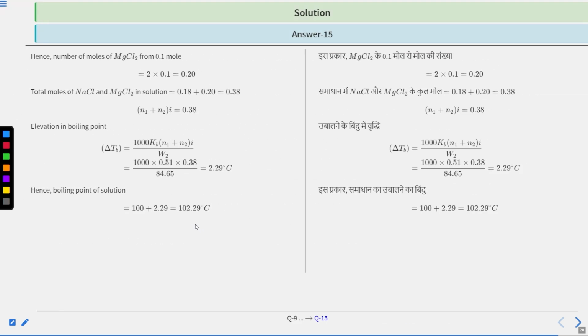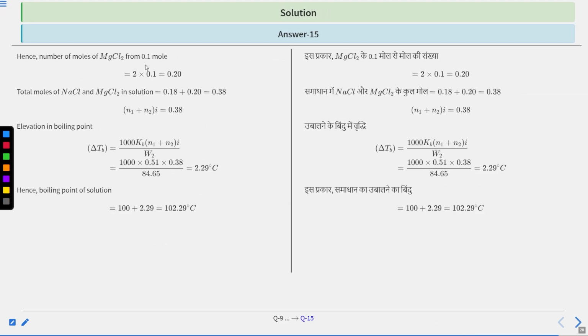Same thing, the number of moles of MgCl2 from 0.1 mole will be 2 into 0.1, which is 0.20. So the total number of moles of NaCl and MgCl2 in the solution comes out as 0.18 plus 0.20, equal to 0.38. You can see that we can write (n1 plus n2) times i equals 0.38, because the moles of both NaCl and MgCl2 times i equal 0.38.